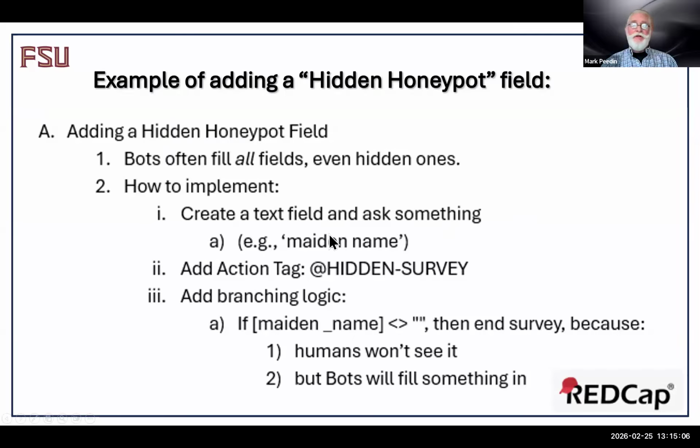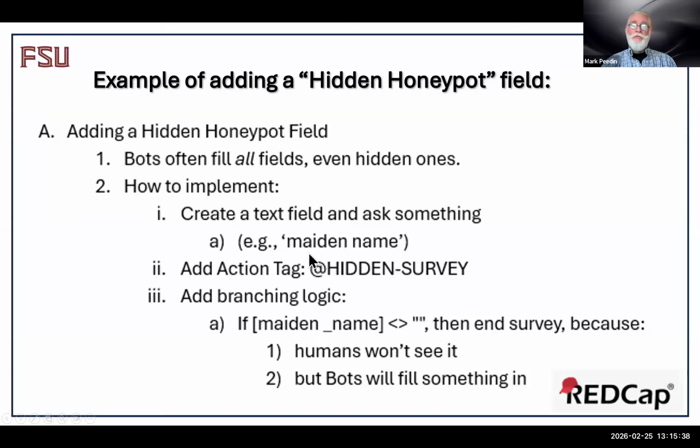For this example, I said we're going to collect name. I don't think I've ever seen a clinical research survey that asks for a maiden name. It doesn't matter, whatever you want to call it. Set up an action tag to hide it on the survey, so that in itself would expose a bot versus a human.